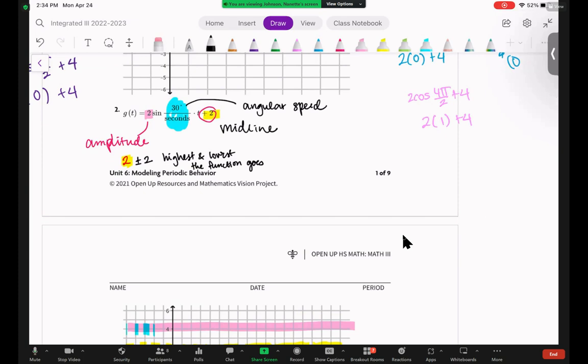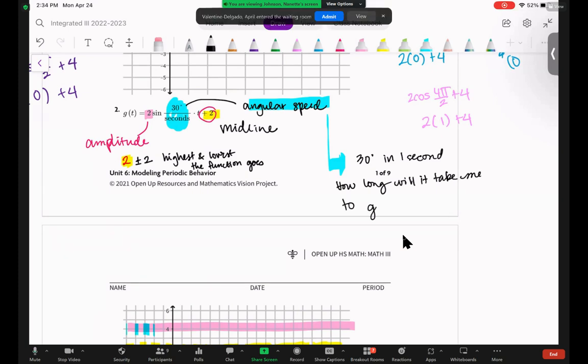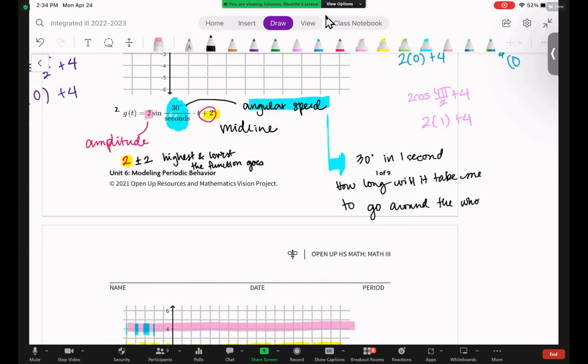So I'm going to take this over here. And how this helps me is I think about this: if I can travel 30 degrees in 1 second, my question is, how long will it take me to go around the whole circle of 360 degrees?